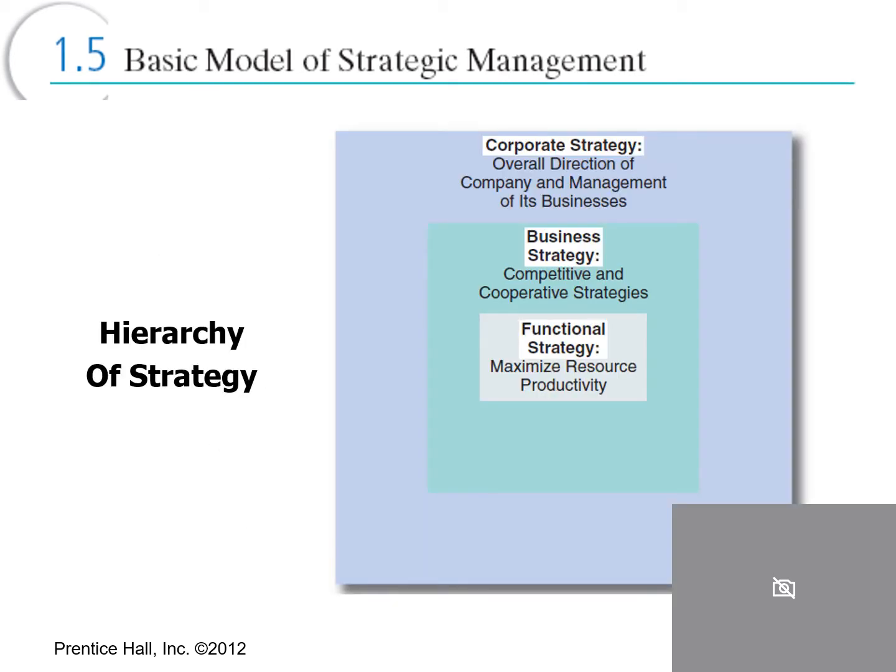Okay, and then when we talk about strategy, we divide it into 3 levels. The umbrella strategy of the organization is the corporate strategy. Followed by each strategic business unit, we have the business strategy, and finally, for each function, we have the functional strategy. Okay, so with the perspective of strategic management, we divide an organization into 3 layers.